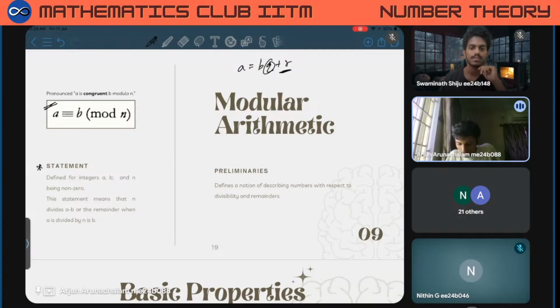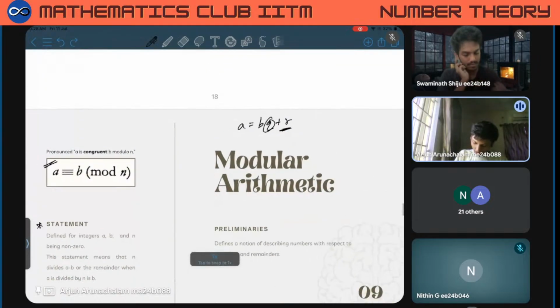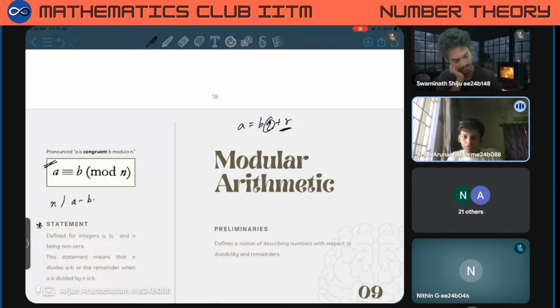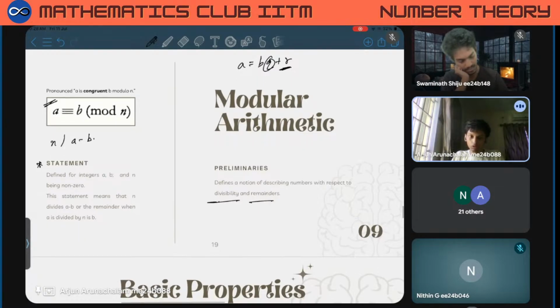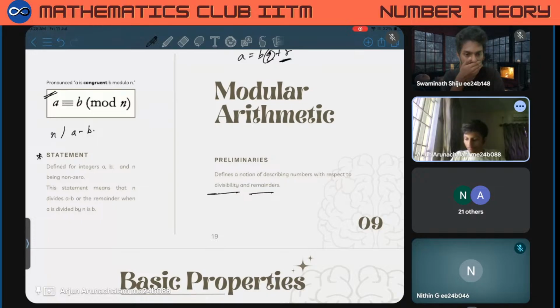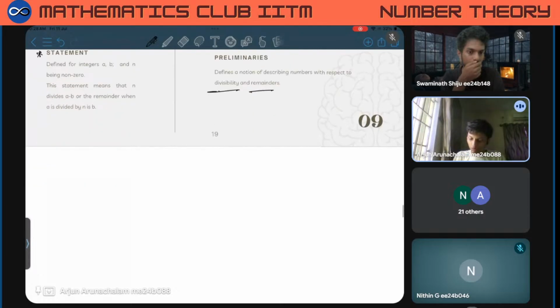What this statement states is that it implies n divides a minus b. It's as simple as that. It defines a notion of describing numbers with respect to divisibility and remainders. We don't care what the quotient is, we're just wondering about what the remainder is with respect to two integers a comma b.